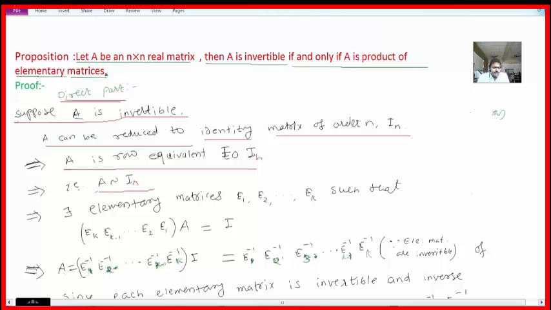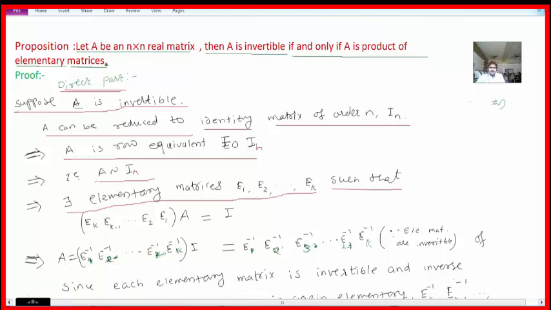A is row equivalent to the identity matrix means there exist elementary matrices E1, E2, ..., Ek such that the product Ek, Ek minus 1 and so on, E2, E1 into A is equal to the identity matrix.